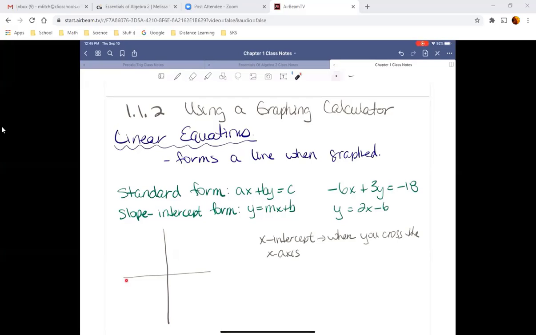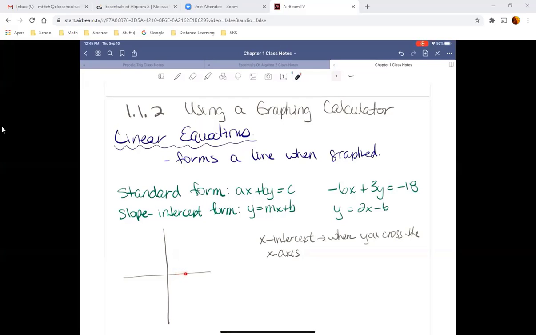So which one's my x-axis? This one, right? So when I cross anywhere on the x-axis, what's my y value going to be? Like, what's my y value right there? 0. Yep. If I was here, say I went over 1, what's my y value going to be? If you were to give me that coordinate, it would be (1, 0), right?